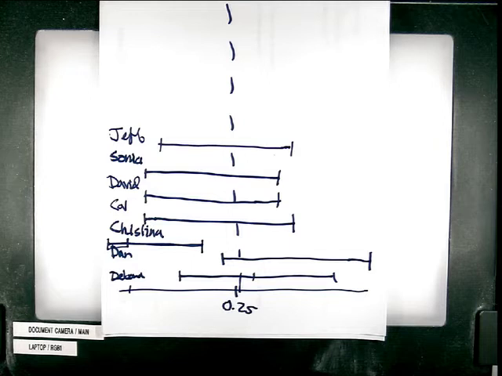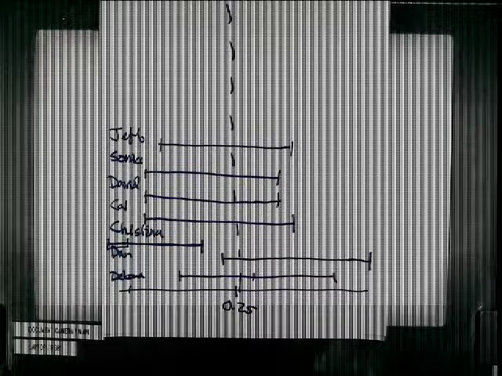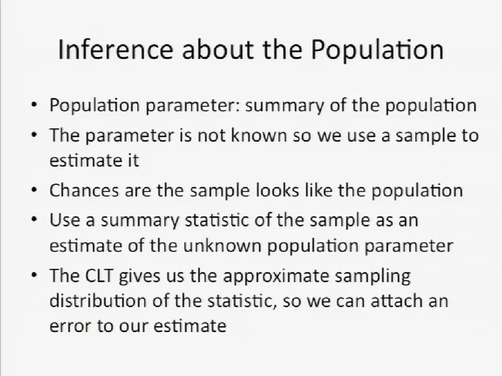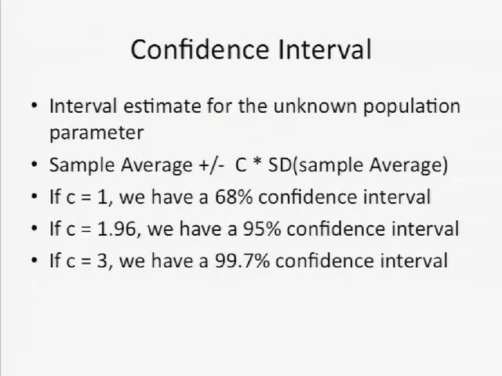I did a simulation very similar to the kinds of simulations that you have all done. And let me get to it. So here, the confidence interval is an interval estimate of the unknown population parameter. We take the sample average, we go plus or minus some number of standard deviations or standard errors for that sample average. That number can be any one you want.